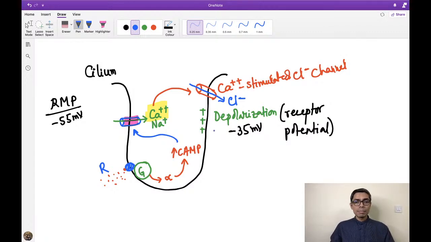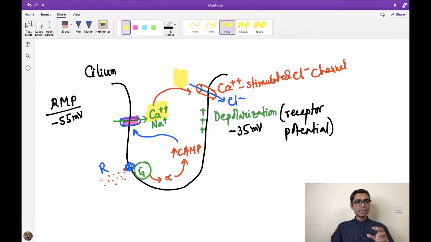This is peculiar because in other types of cells in our body, we know that chloride concentration is high outside. That means whenever the chloride channel is open, the chloride enters inside the cell. But olfactory bipolar cells contain a huge concentration of chloride, and that concentration is high inside the cilium or inside the cell.